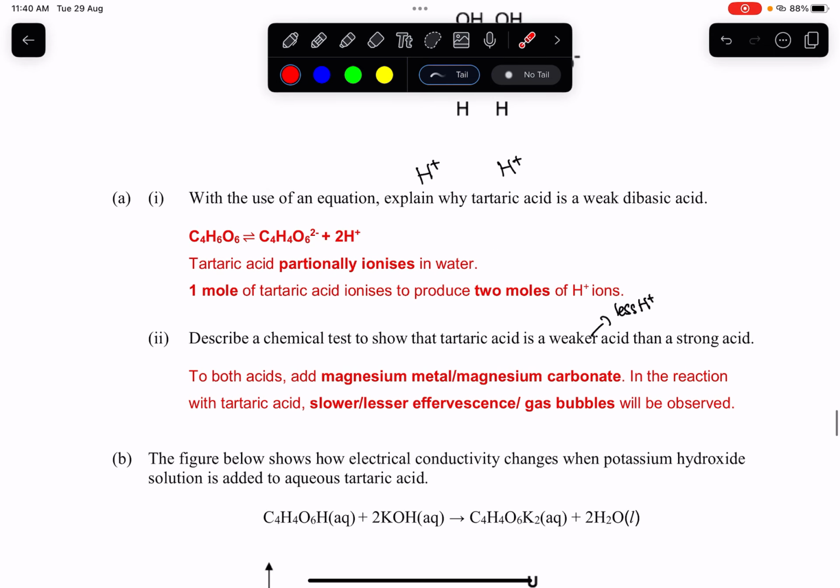Okay, take note that eventually you will still react completely, because the reaction of a weak acid with a metal is still complete. For example, if I use a weak acid like ethanoic acid plus magnesium, I will still form magnesium ethanoate.